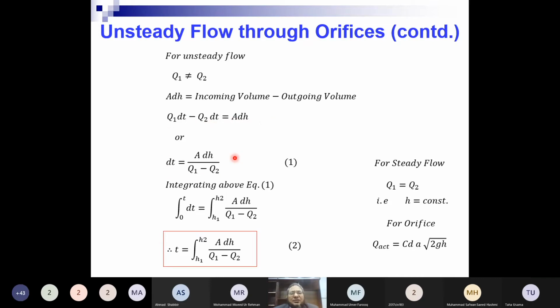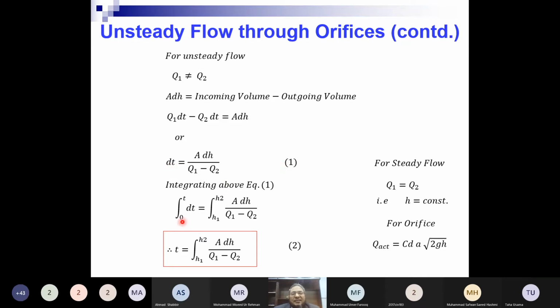So rearranging this equation, dt is equal to area times dH over (Q1 minus Q2). And you know there is a derivative here, and how can we get rid of it? By integrating equation number 1.